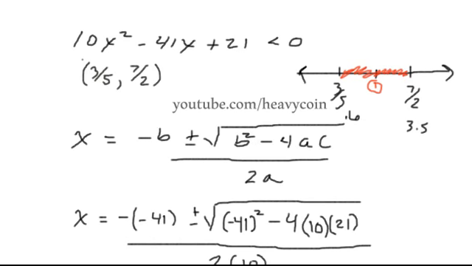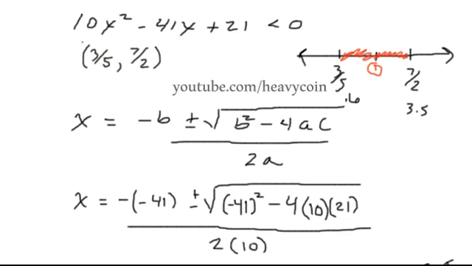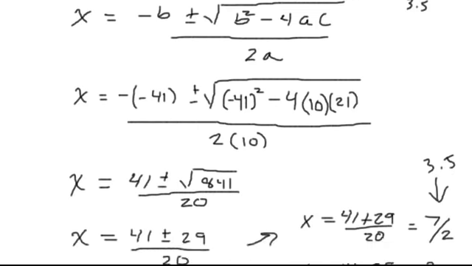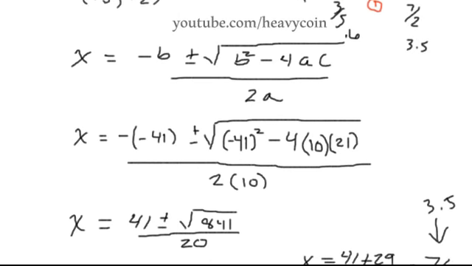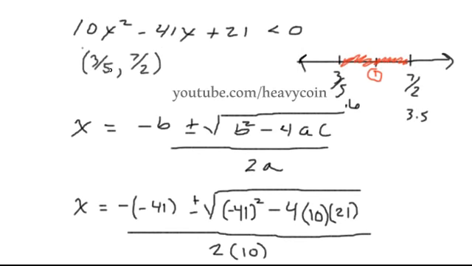I forgot what I was doing there. 3 halves. Yeah, 3/5, I mean. Not 3 halves. I think something was fishy there. 3/5. I said 3 halves, but it's 3/5. Alright, and 7 halves. So we had to use a quadratic formula on this one. Of course, looking at the graph helped out, but I'm sure if you were taking a test, you wouldn't have time to graph it out or anything like that, so you just got to follow these same steps.